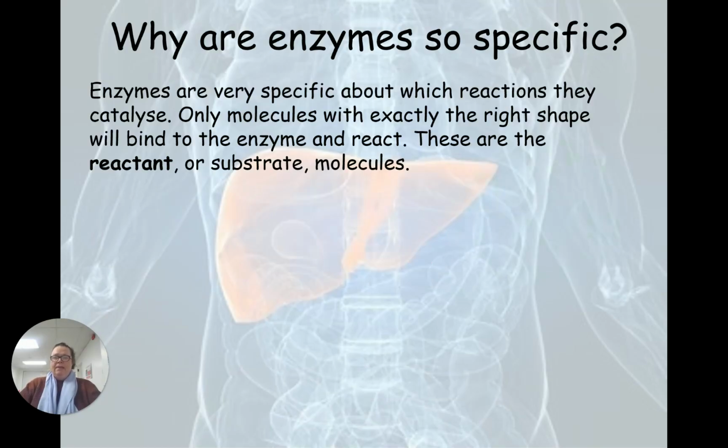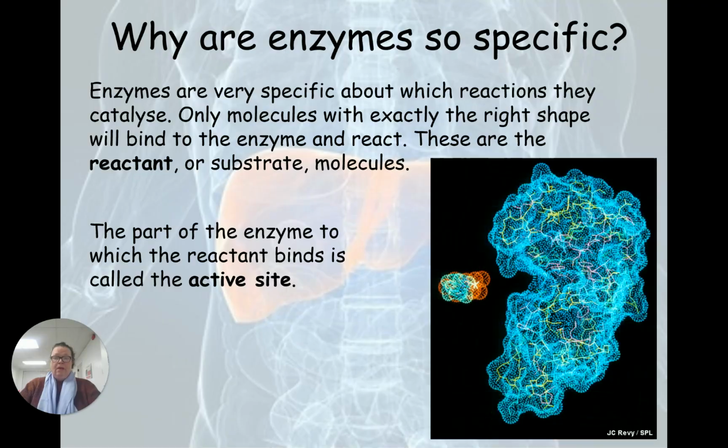So why are enzymes so specific? In other words, why do certain enzymes only break down proteins or only break down carbohydrates? It's because of how they fit together. So this is a representation over here of an enzyme. Now this is a 3D model, and this is a representation of the substrate or the food.